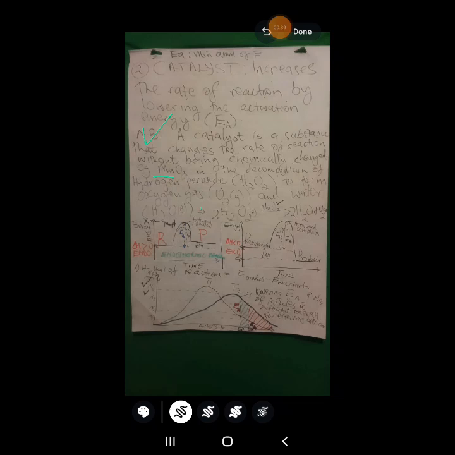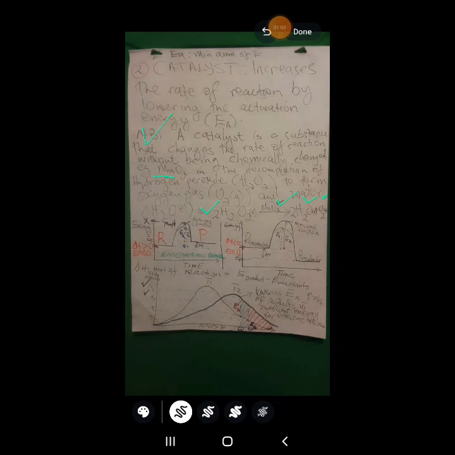Now I gave a balanced chemical equation for the reaction there. So we are having 2H2O2 liquid to give us 2H2O liquid plus O2 gas. Now I wrote my MnO2, the manganese dioxide, above the arrow there because it is a catalyst, right?